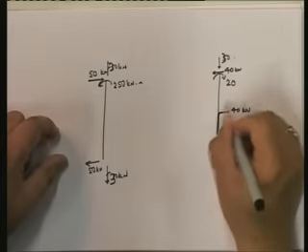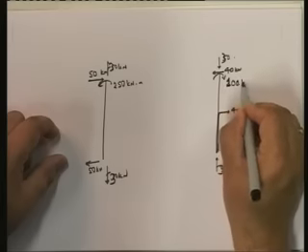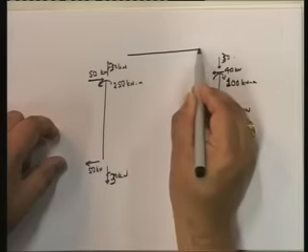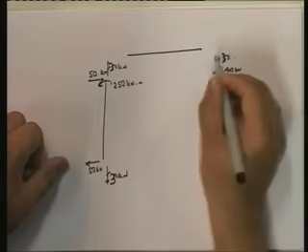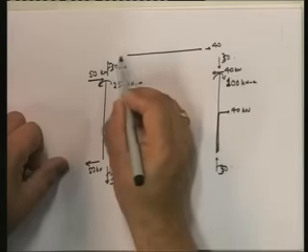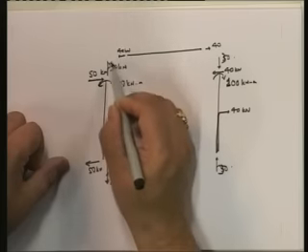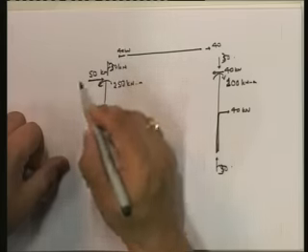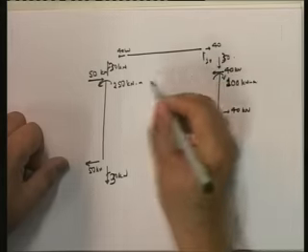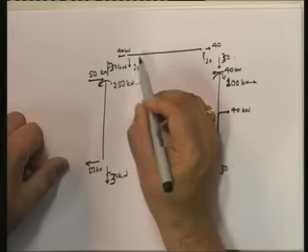So over here, what do I have? I have 40 into 2.5, so that is 100 kilonewton-meter. Let's look at this one. This one is going to have 40 this way, 40 this way, 30 this way, 30 this way.